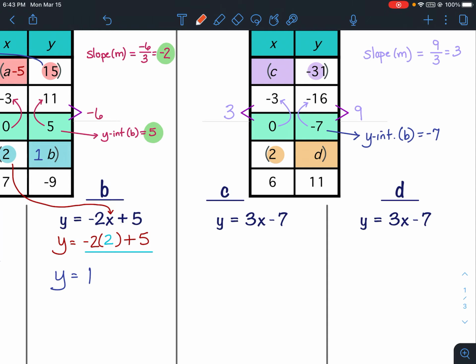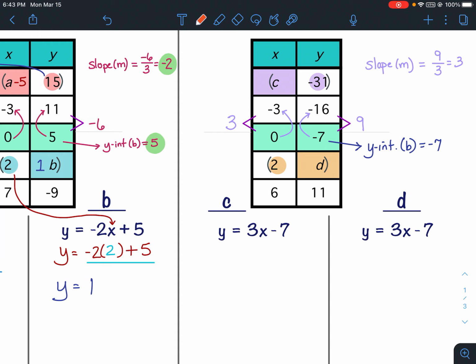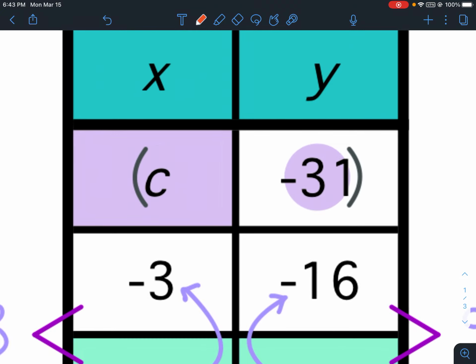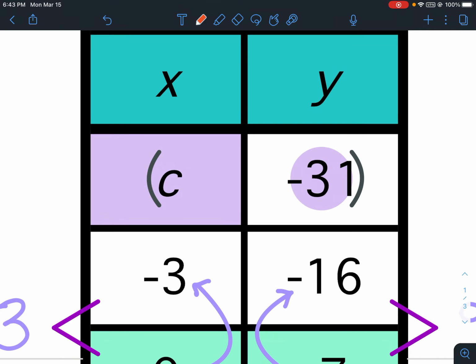Now to find c and d. Well, let's go up to c. Here is c. C is the x value. Its corresponding y value is -31.